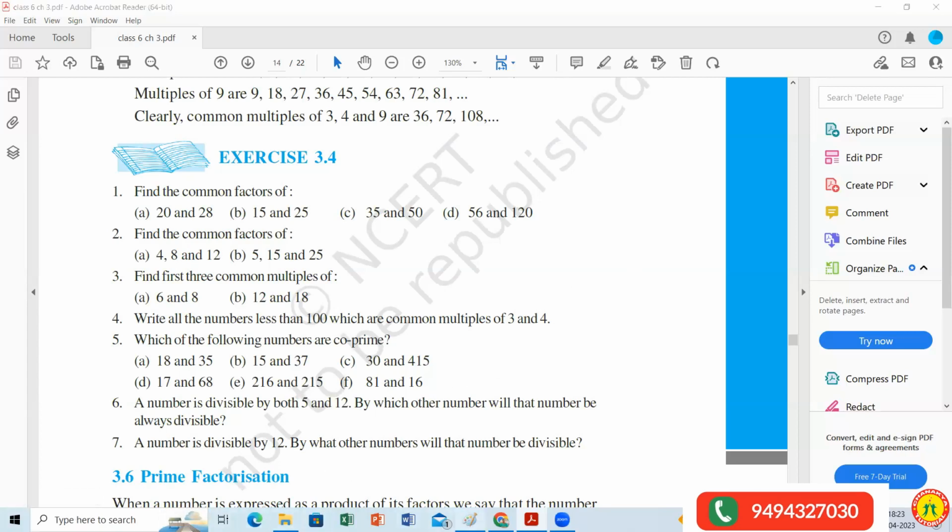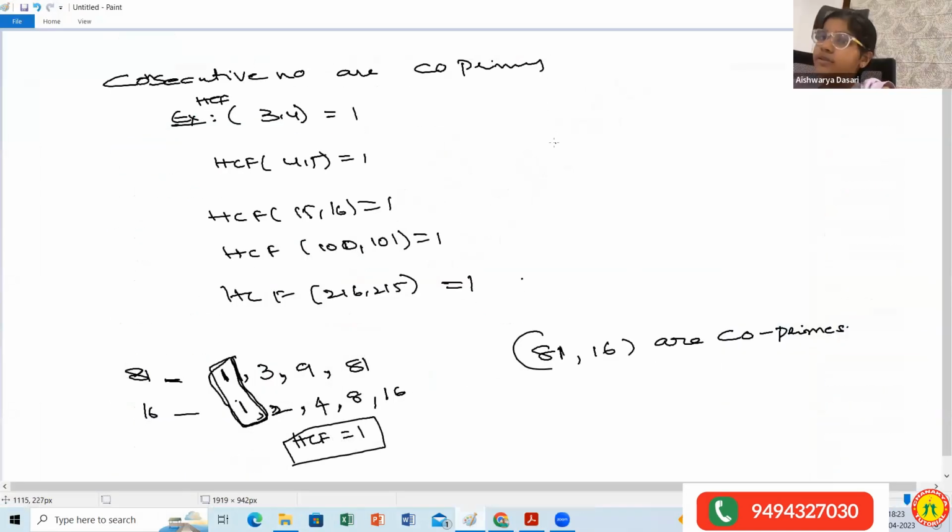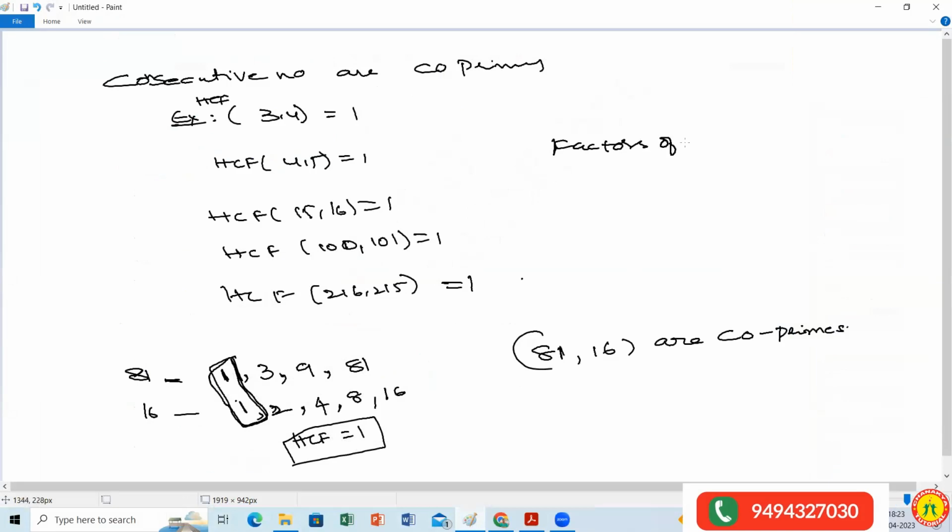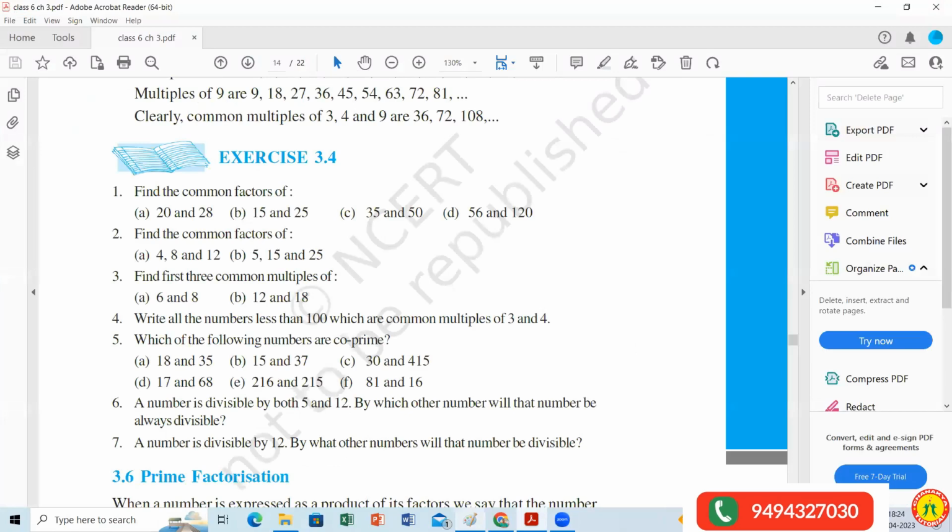1, 2, 3, 4, 6, and 12. The factors of 12 are 1, 2, 3, 4, 6 and 12. So our question is, a number is divisible by 12, by what other numbers will the number be divisible?